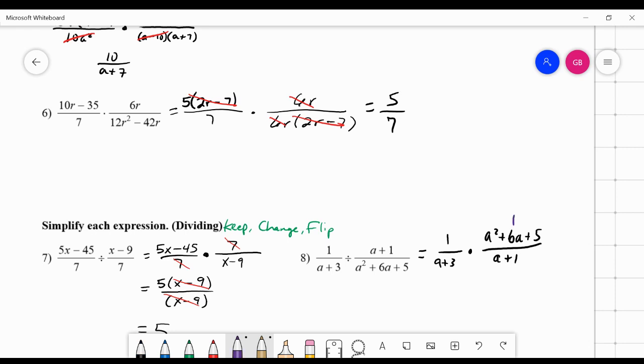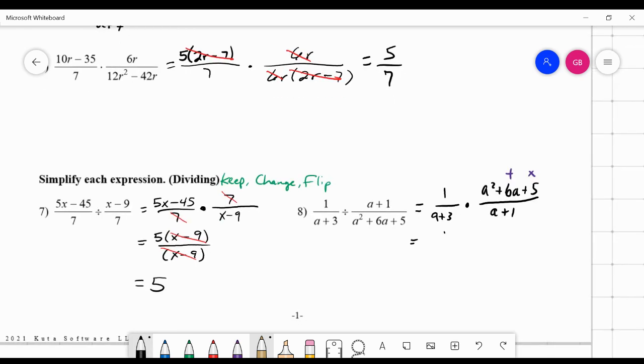So numbers that add up to 6 and multiply to 5 are going to be 5 and 1. So let's rewrite this. 1 over a plus 3 times a plus 5 times a plus 1 over a plus 1. So we cross this out. So we're left with a plus 5 over a plus 3.